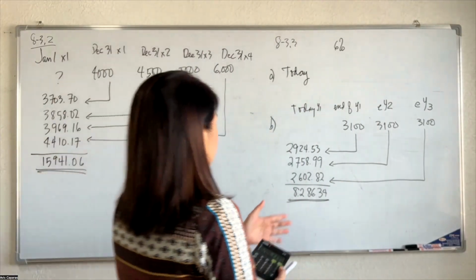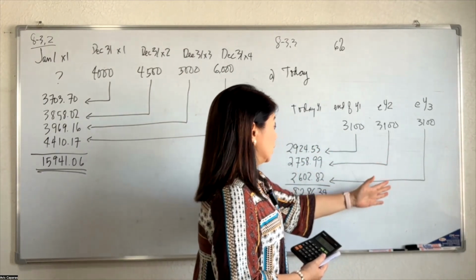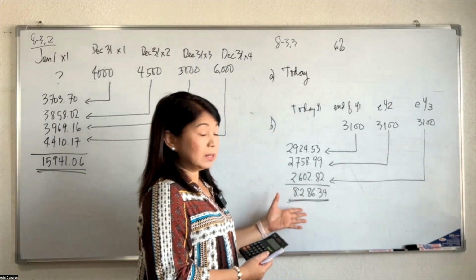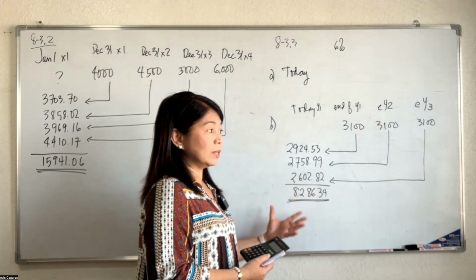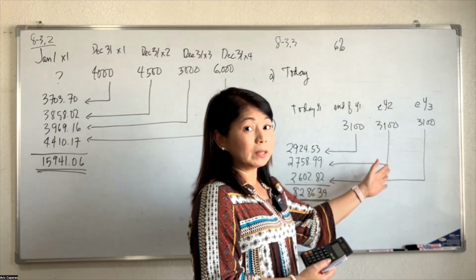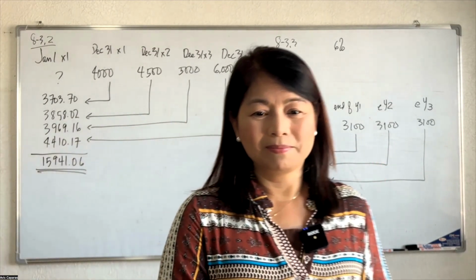So getting the value of all of this at the end of each year, we have come up with a present value. So I'm willing to accept right now 8,286.34 right now, because it's simply equivalent to receiving 3,100 at the end of each year at the interest rate of 6%. Okay.